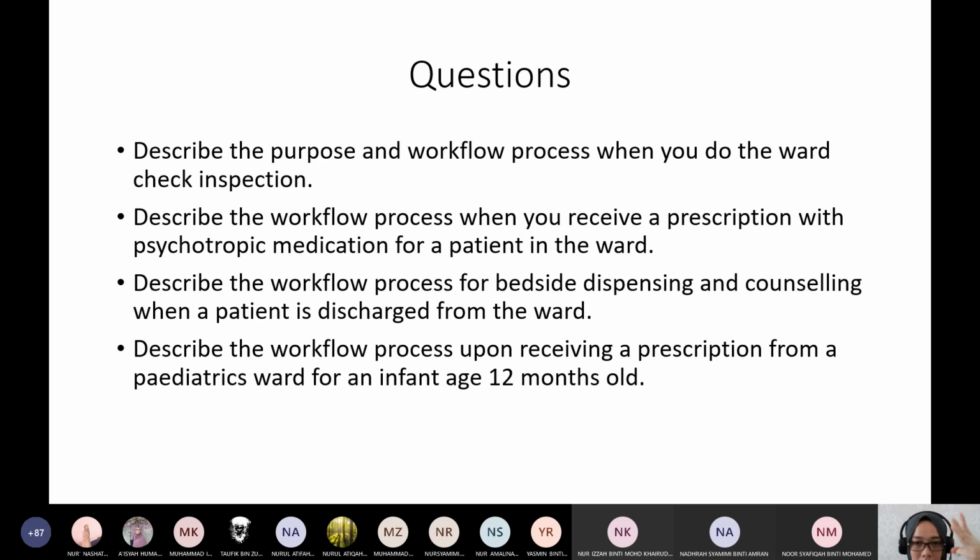So for pediatric, you check the dose, whether the medication is suitable for the patient, and the dosage form. It's not the same as adult, so you need to check whether the medication is suitable for a 12-month-old, because there are many medications which are not suitable for less than 2 years old, and sometimes less than 6 months old.